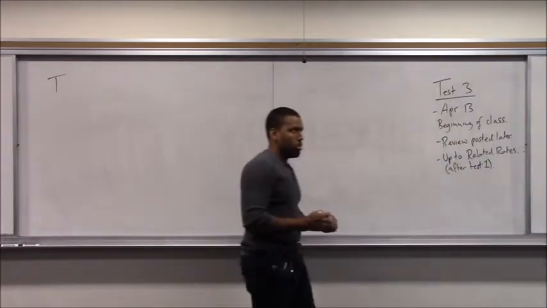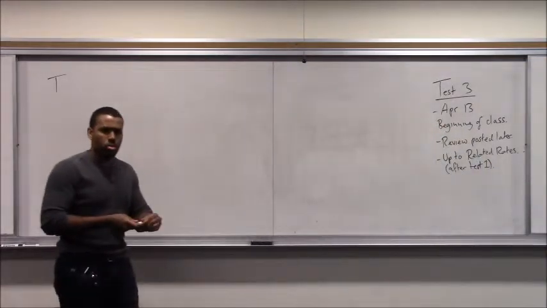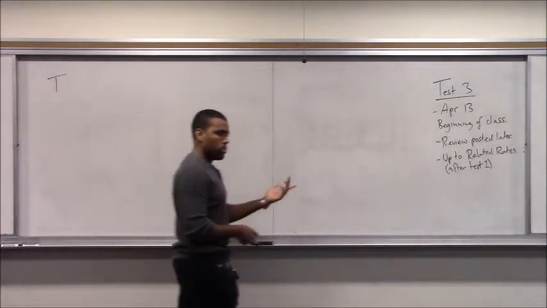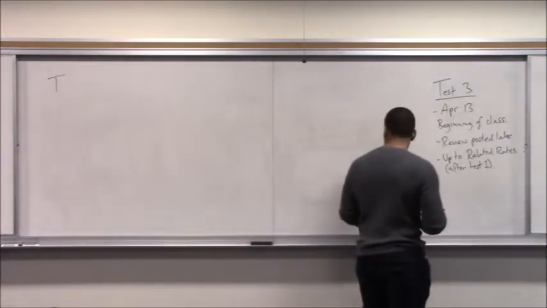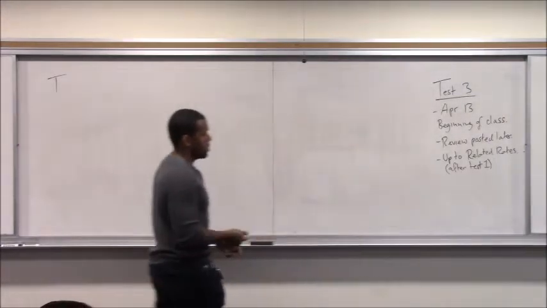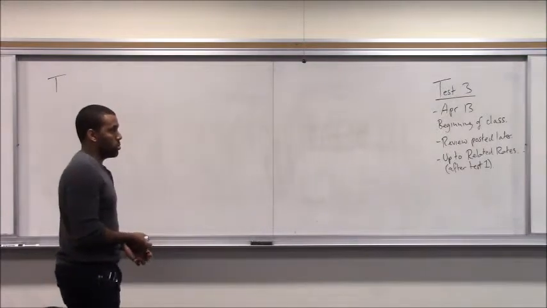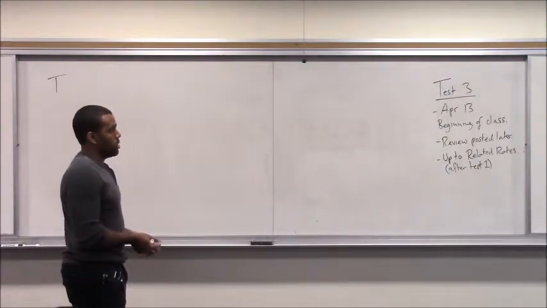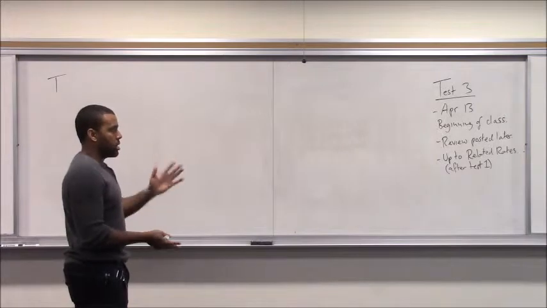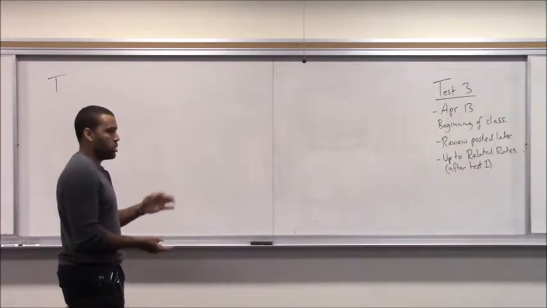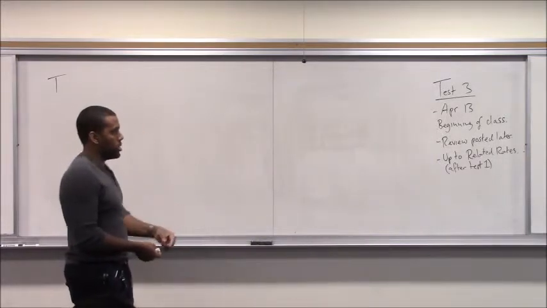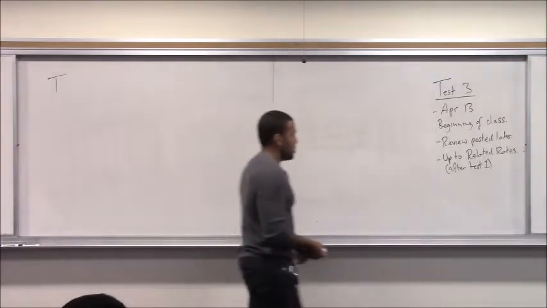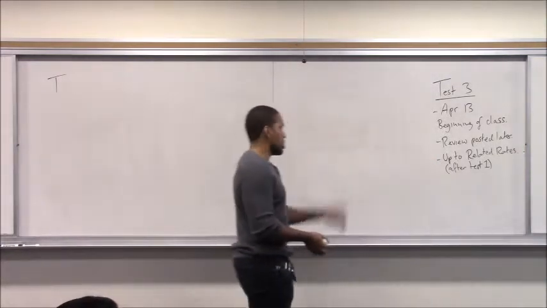So pretty much that covers everything we did with derivatives, all the way up to related rates. So it's kind of a little bit of test 2 in there too, a little bit towards the end of test 2, like the kind of stuff that was on the bonus in test 2, as well as what we've been doing in class since then. And it'll end at related rates, which is what we just finished.